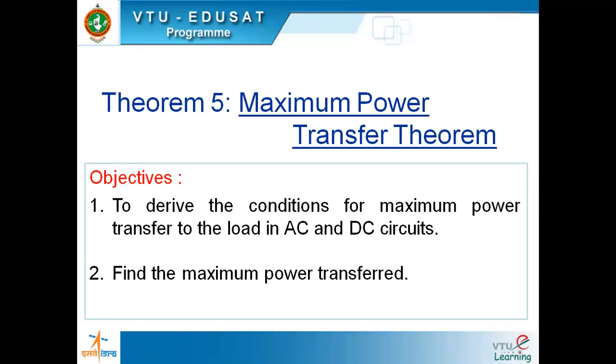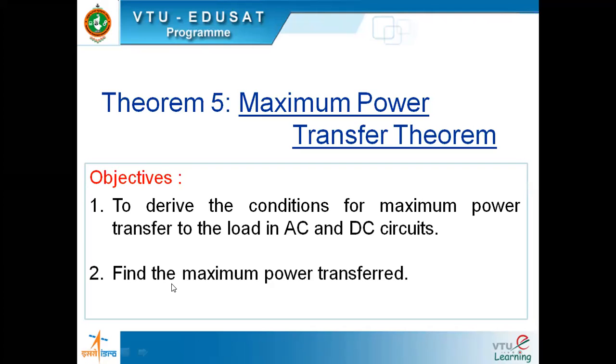Okay. So this particular theorem tells you under which condition a maximum power would be transferred to the load. What is load? Load is a resistor or the impedance that we connect at the output across which we measure our output. Understand that? So under which conditions we will be able to transfer the maximum power to the load is what we are going to derive in the first place.